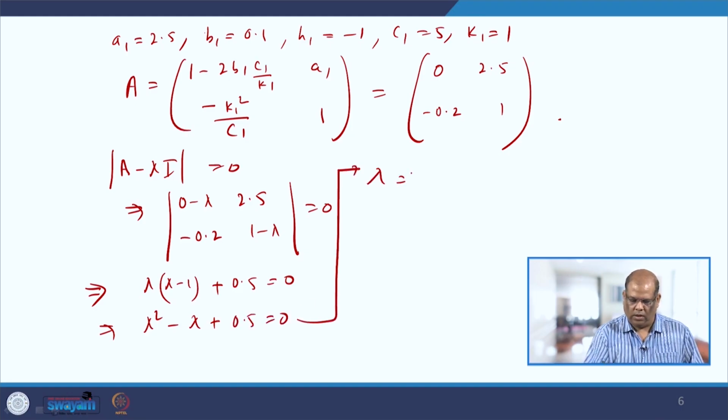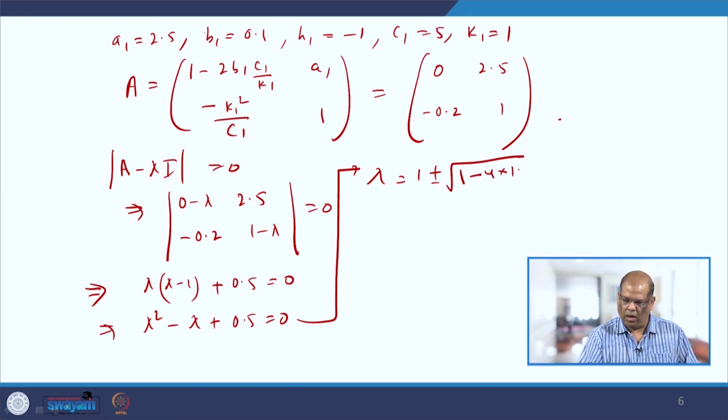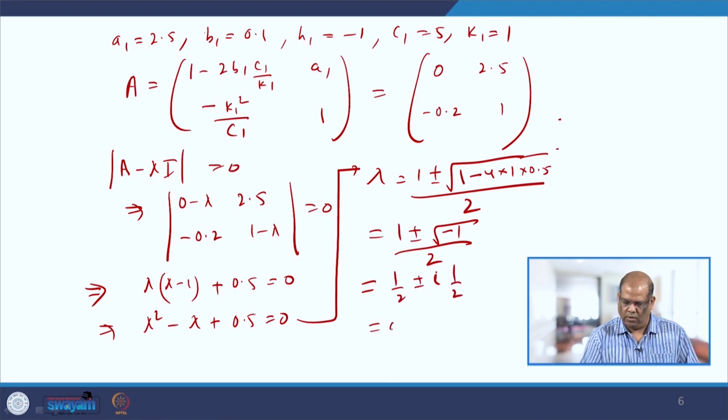If I solve this, lambda equal to minus b plus minus root over b square minus 4 a c, divided by 2a. So, 1 plus minus root of minus 1, divided by 2. So, I can take half plus minus i half, so 0.5 plus minus 0.5 i.